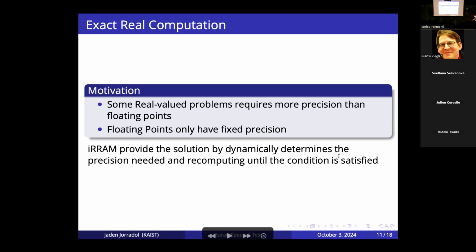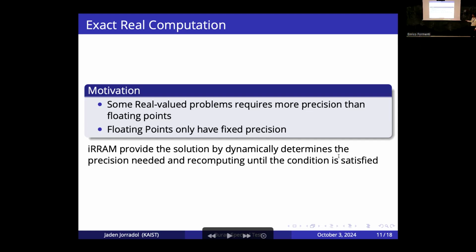So in the floating point case, the precision is fixed, but in the case of iRRAM, the real number will dynamically determine the precision that is needed to determine whether this point is in the zone or not. And then it keeps recomputing until the eigenvalue is determined to be outside, inside, or on the boundary of the zone.